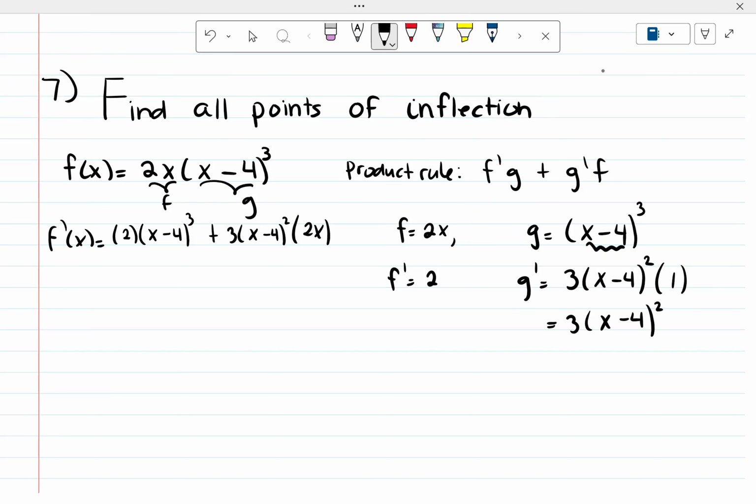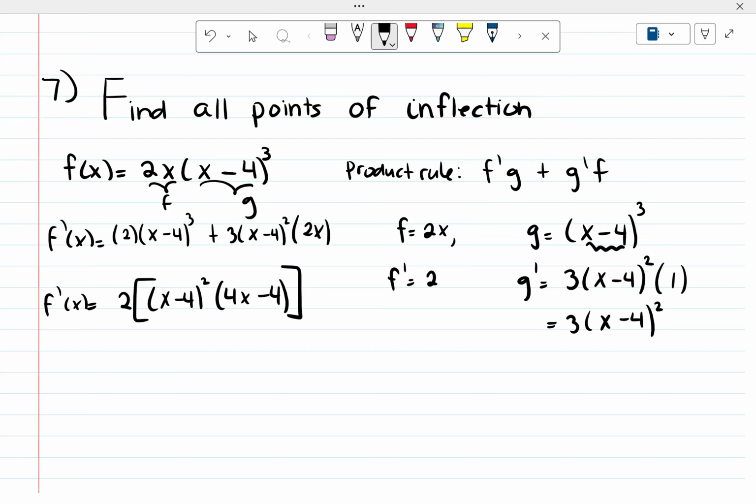To save you time, when you do the algebra, this is what you get: f prime of x is equal to 2 times the quantity x minus 4 squared times 4x minus 4. Okay, so that's my f prime.